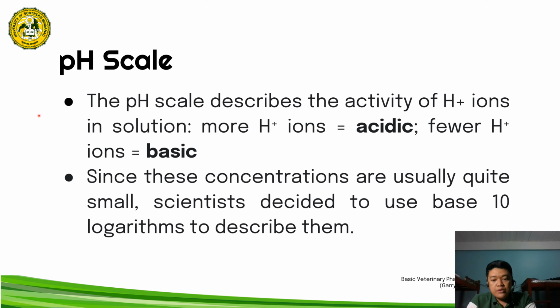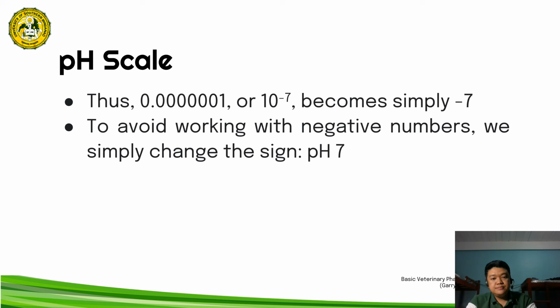Scientists have found that the concentration of H plus ions in a solution is very small, so chemists have a hard time writing these numbers in experiments. So they decided to use the base 10 logarithms to describe these H plus ions in the solution.